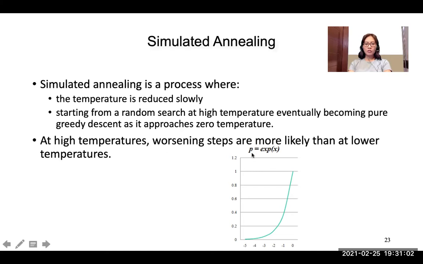So they use this probability value to accept or reject the neighbor node, using the exponential function. Whenever the temperature goes very low, the probability also approaches zero.